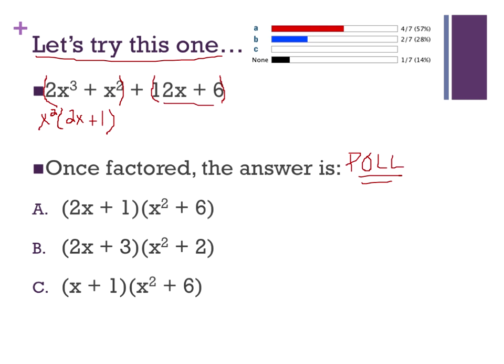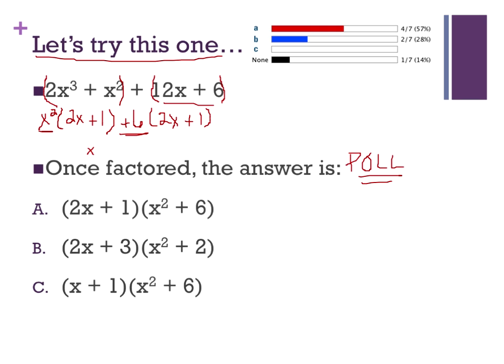And then I need to take the greatest common factor out of 12x plus 6. I'm going to take a 6 out of that, and I will be left with 2x plus 1.